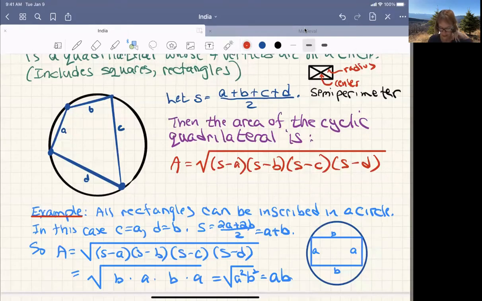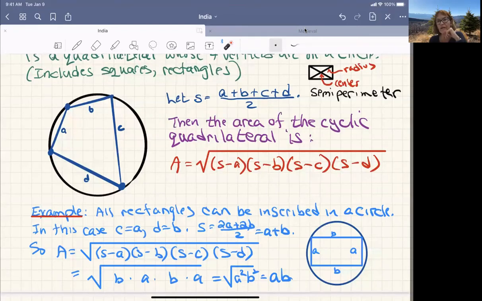And so in this case, instead of having 4 values, you have 2. So A and C are equal, B and D are equal. And then what is the semi-perimeter? Well, it's 2A plus 2B over 2, so it's just A plus B.